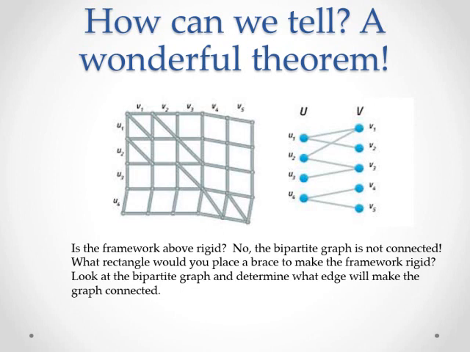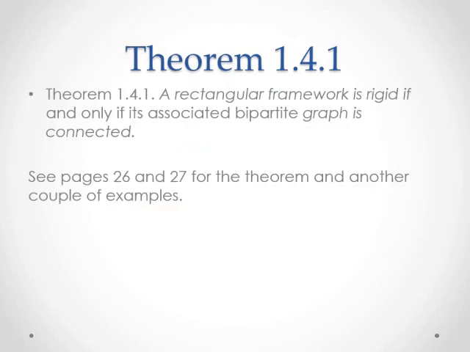However, you could look at the associated bipartite graph and determine what edge you would need. And there are different possible choices, but you could find an edge that you could place in the associated bipartite graph to make it connected, and that tells you where to put the brace in the framework.